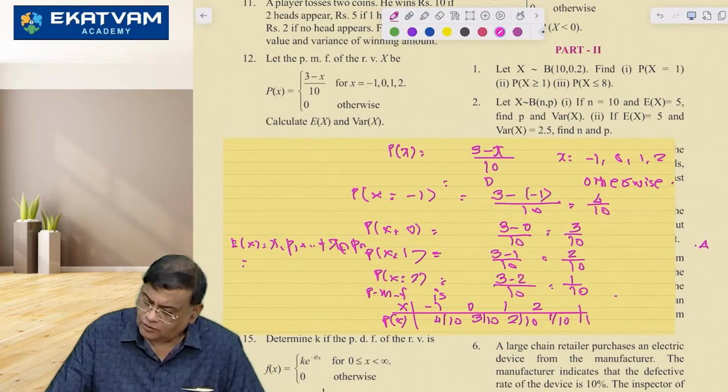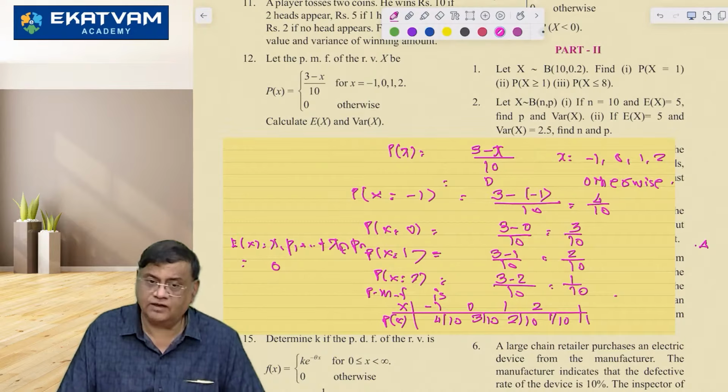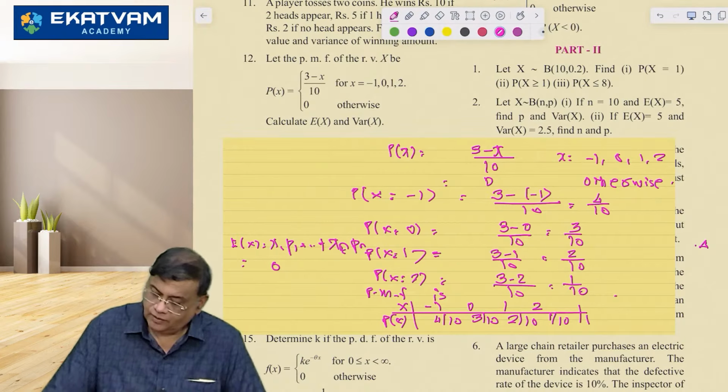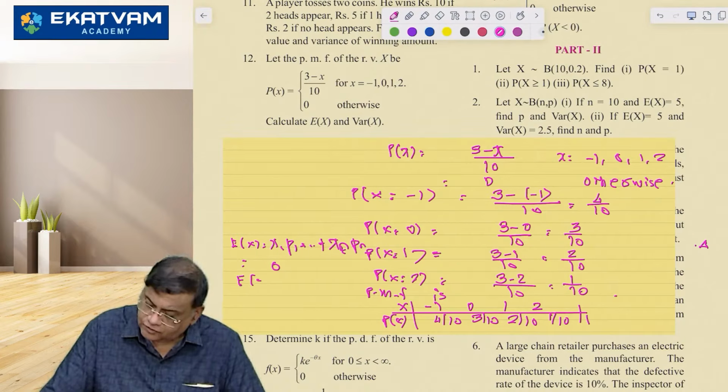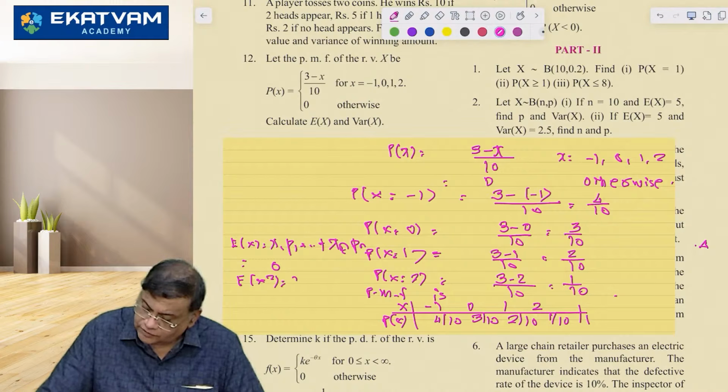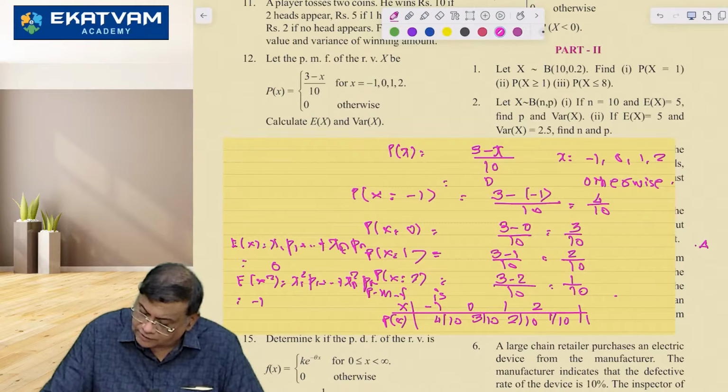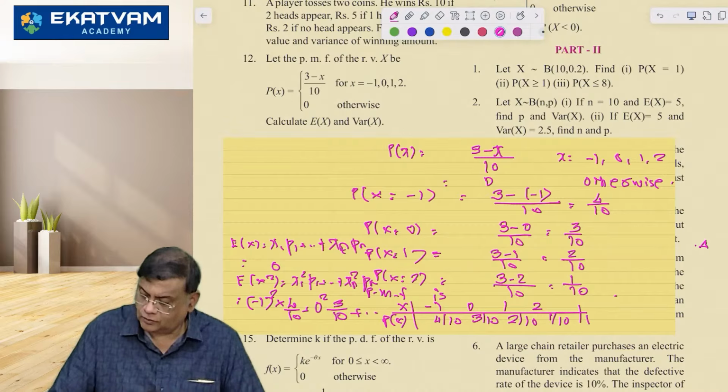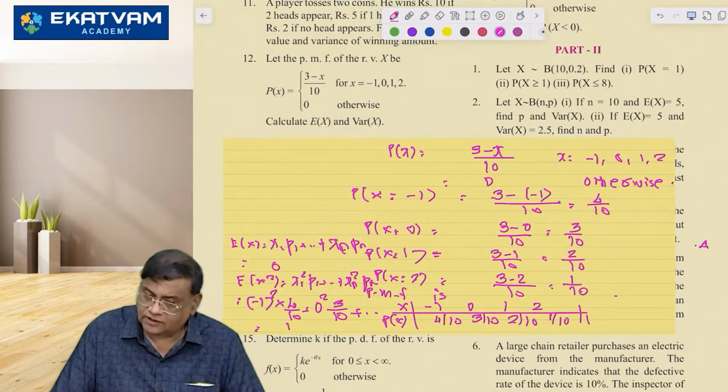Will that be 0? Yes. This means no loss, no gain. Then find expectation of x square, which is equal to x1 square into p1 up till xn square into pn, which is equal to (-1) square into 4 by 10 plus 0 square into 3 by 10 and so on. This comes to 1.